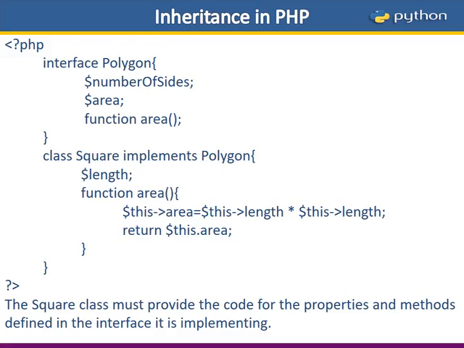The first, which is the parent, is the interface Polygon in PHP, and the second, the new class Square, implements Polygon. The Square class, which is the subclass, must provide the code for the property and method defined in the interface it implements.